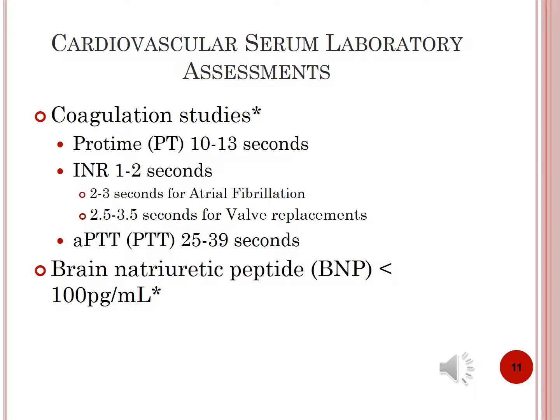So it's almost anticipated or expected. If you have a patient in heart failure, you would anticipate that number would be elevated. Again, we assess that as a baseline so we know if our therapies and interventions are therapeutic, if we're reaching a goal for the patient that is appropriate and realistic for them.